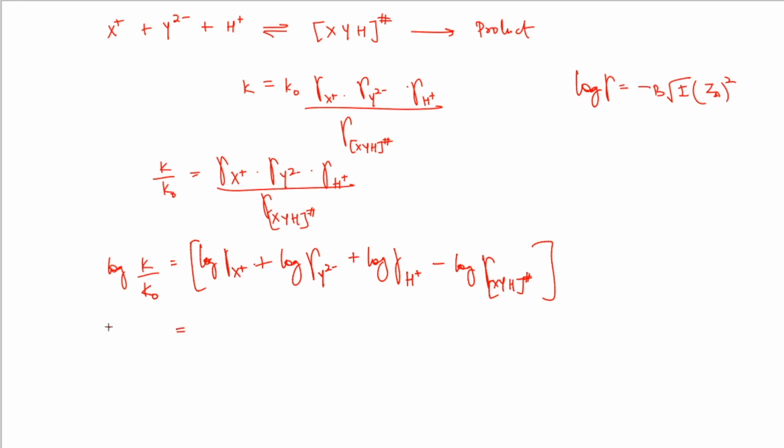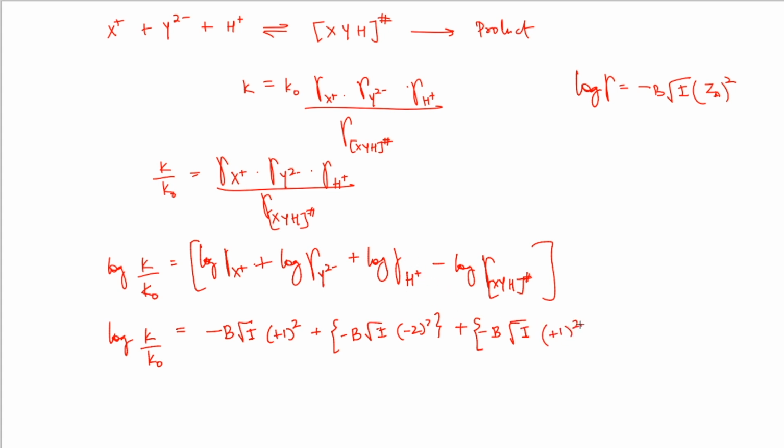So log k upon k naught is equal to, the first term will be written as minus b under root I, and the charge over here is plus 1, so plus 1 square, plus again minus b under root I, the charge is minus 2, so minus 2 square, plus again minus b under root I, the charge on the hydrogen ion is plus 1, so plus 1 square, and then plus minus b under root I, the charge over here is 0, so 0 square.